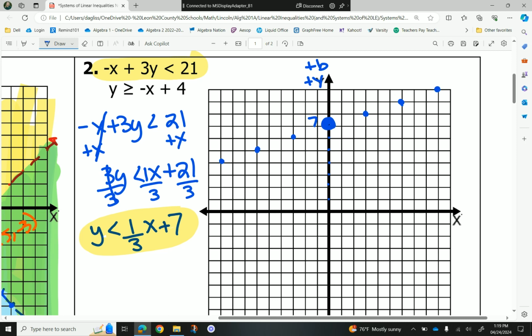Am I going to connect these with a solid or dashed line? These get dashed. Good. And are we going to shade above or below it if my symbol is less than? We're going to shade below. So everything down here.